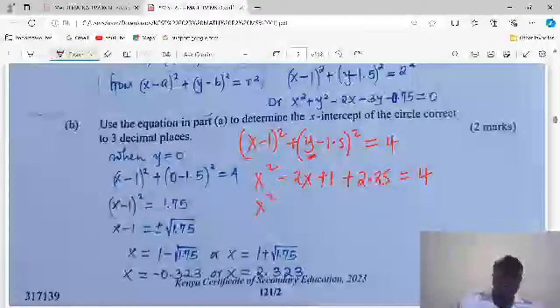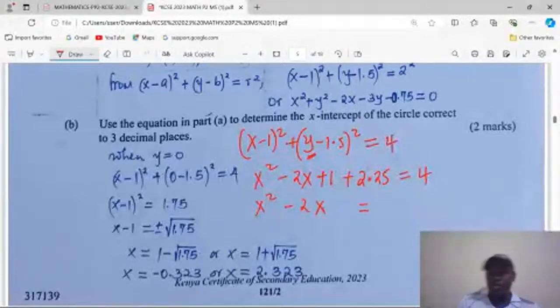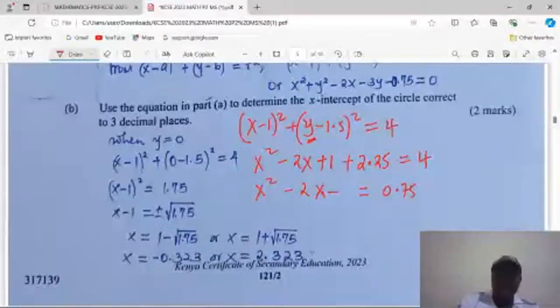So x squared minus 2x equals, let me even use the completing square method, 4 minus 2.25, then also minus 1. And I'm getting 0.75. The completing square method makes a perfect square by adding a constant, which has also to be added on the other side.